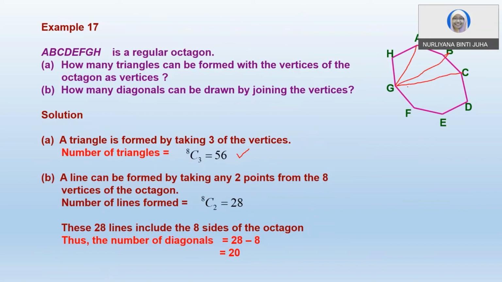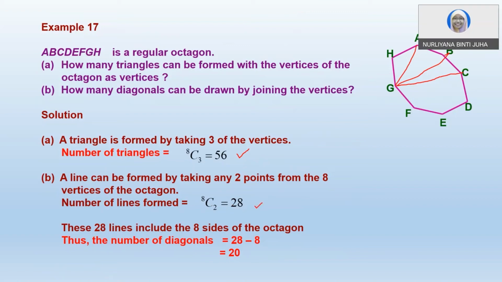Ni diagonal lah kita panggil lah. Okay, this is diagonal. So number of lines that can be formed is 8 choose 2 because we only need 2. And you only need 2 here and here.